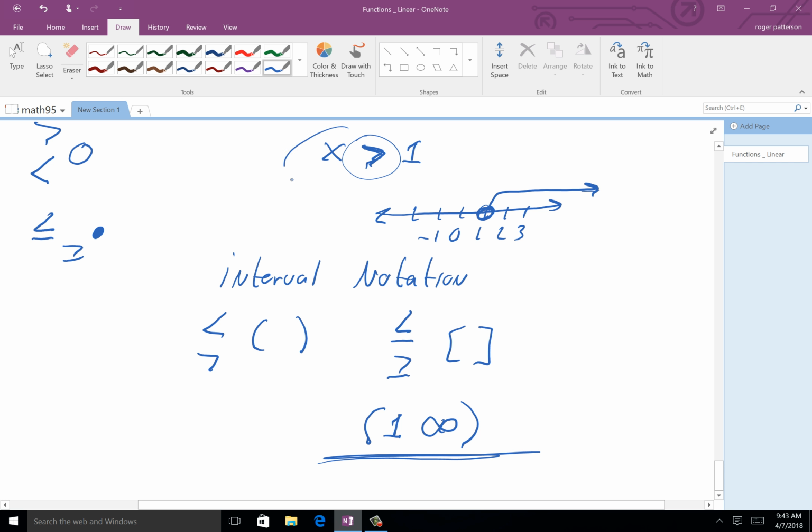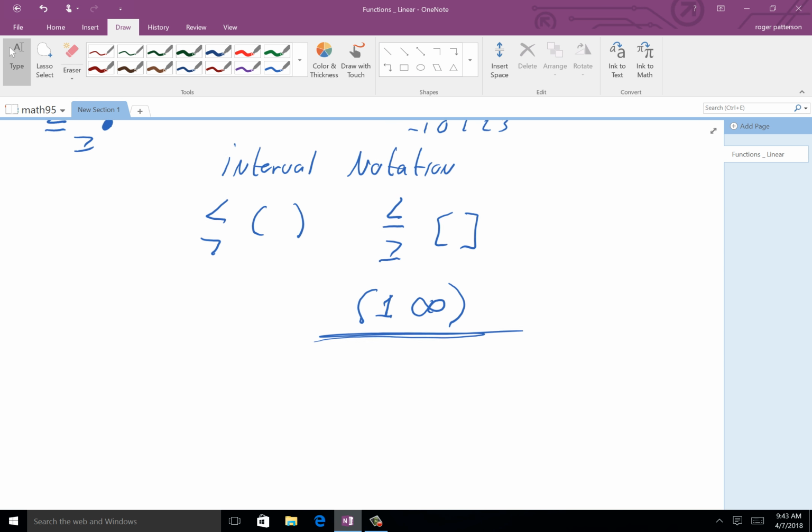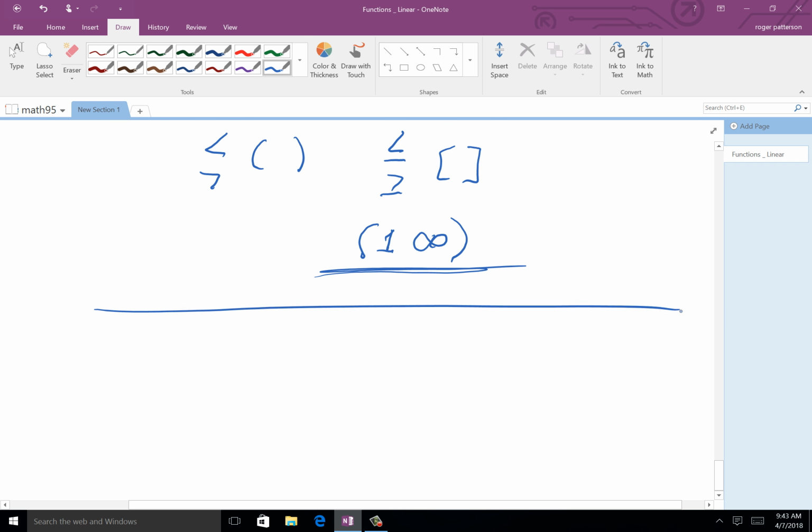Okay, so that's how I would solve that, paper and pencil wise. Let's just do one more and then I'll show you how to do it in a graph. Let's do one like this. I have no idea how it's going to turn out. Here we go.